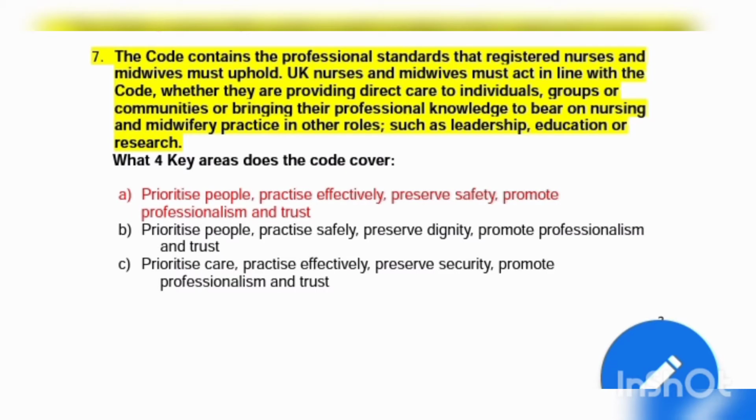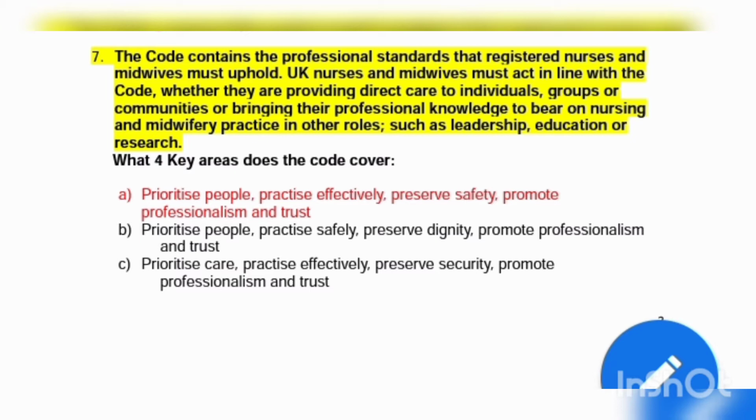Question number 7. The code contains the professional standards that registered nurses and midwives must uphold. UK nurses and midwives must act in line with the code, whether they are providing direct care to individuals, groups, or communities, or bringing their professional knowledge to bear on nursing and midwifery practice in other roles such as leadership, education, or research.